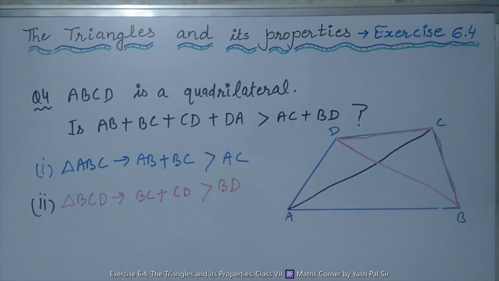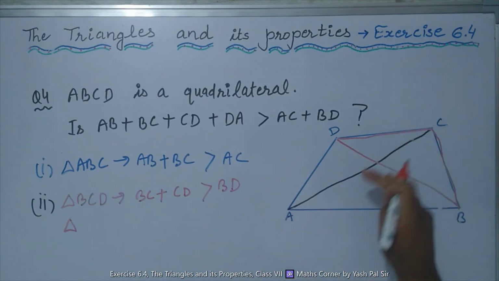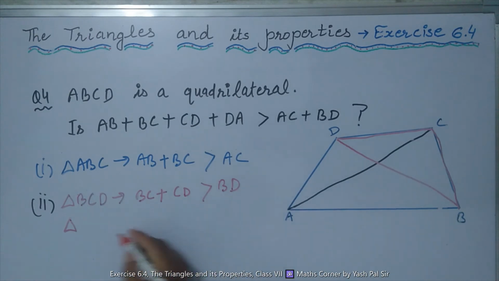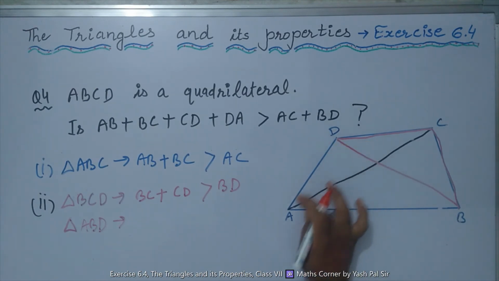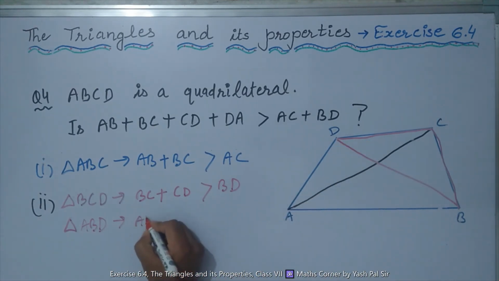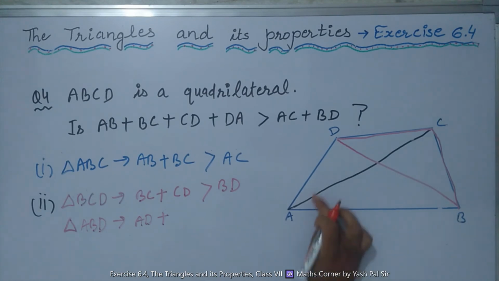Right? Again, next time we take the triangle opposite to this, that is ABD. Triangle ABD. What does it say?